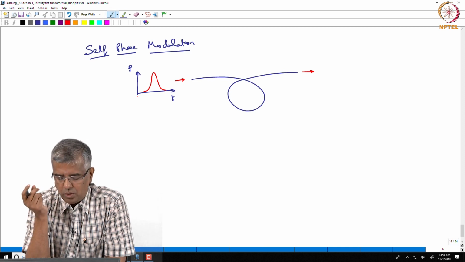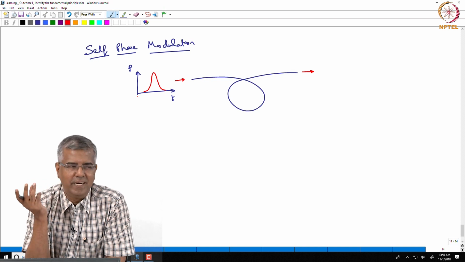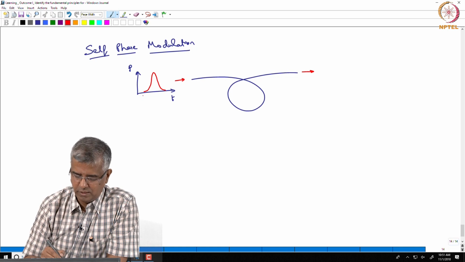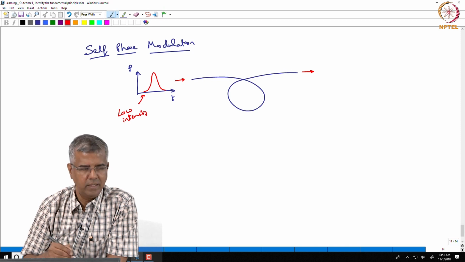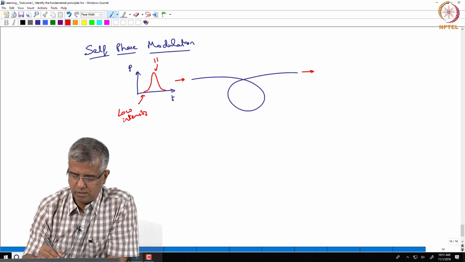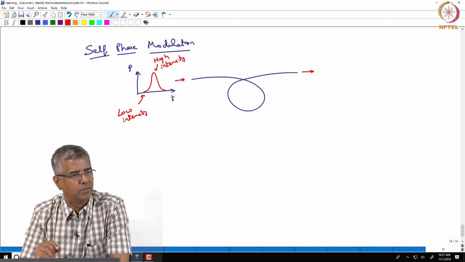So, what you can say is, if it is low intensity, you have a linear response. So, clearly these regions where there is low intensity, the medium responds linearly, whereas these regions where you have high intensity, they are going to see a different response.